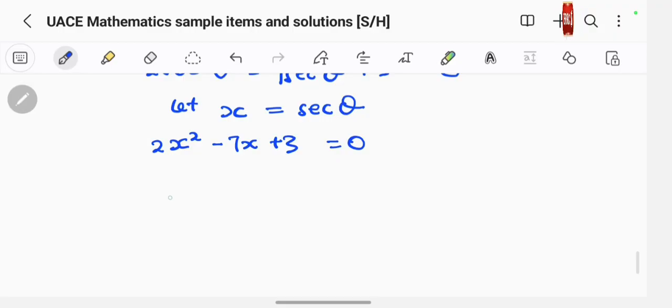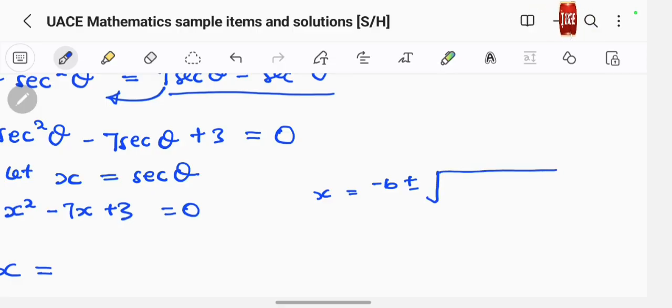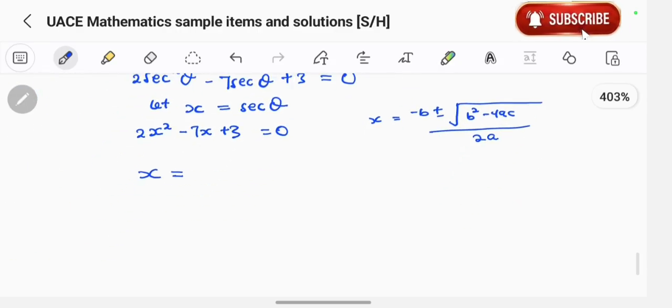Then from our bulldozer, we know the formula is x is equal to negative b plus or minus root of b squared minus 4ac divided by 2a. It's the formula I'm going to use here.